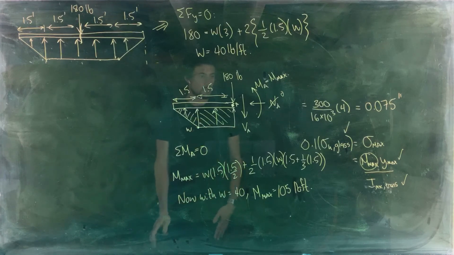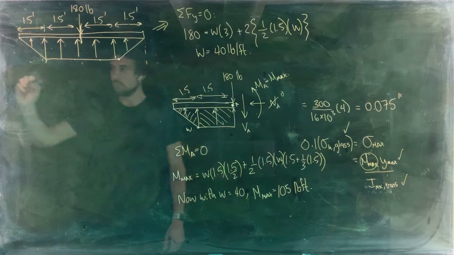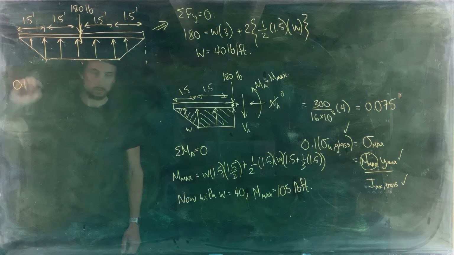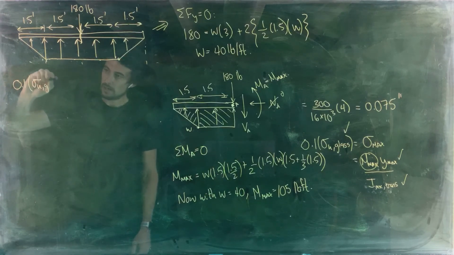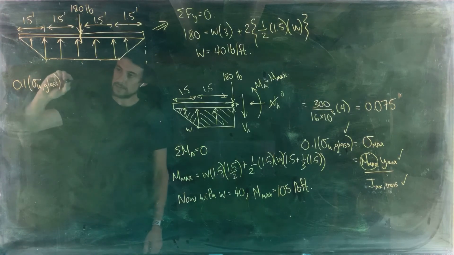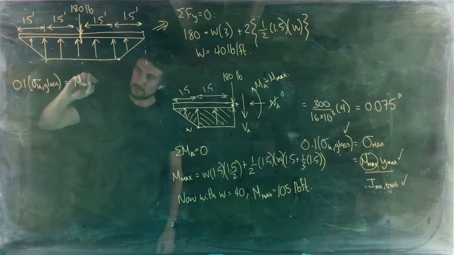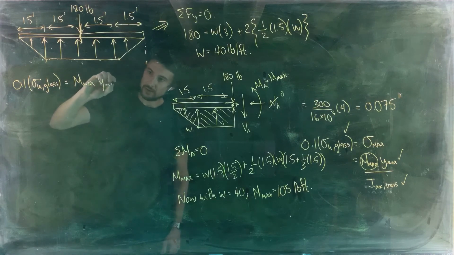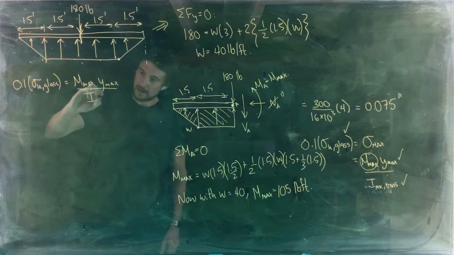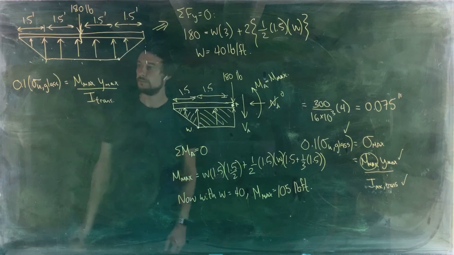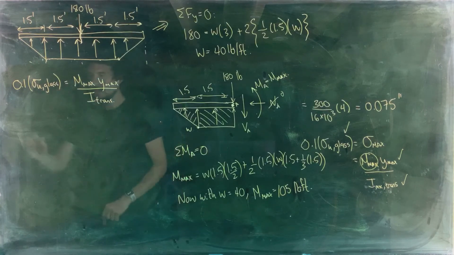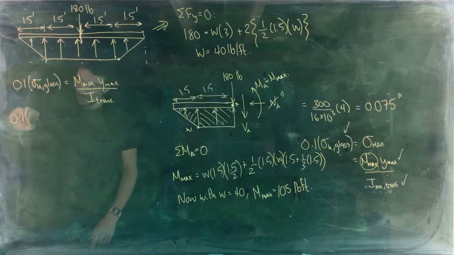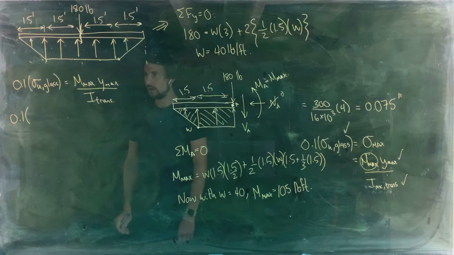All right, so our equation that we're dealing with for solving the problem is 0.1 multiplied by the ultimate strength of the glass is going to be our maximum moment, maximum value of y, all divided by I for our transformed beam. Okay, great. Let's start putting in some values. So what did I say was the ultimate strength of the glass?